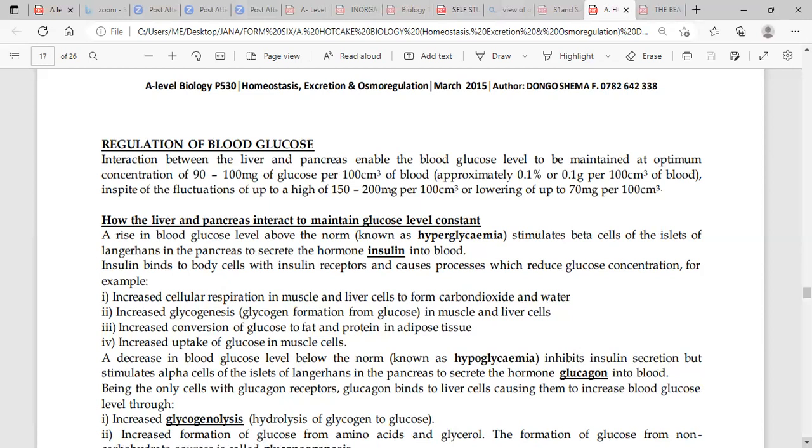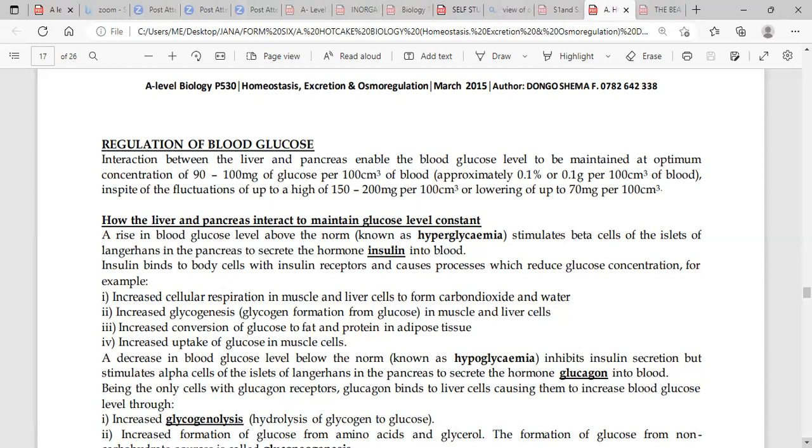So there is an increase in concentration of glucose above the norm. So a hormone that brings about reduction of the glucose concentration is being produced by the beta cells of the islets of Langerhans, and this hormone is insulin, and it does that role of reducing the glucose concentration by doing the following. That is, it increases cellular respiration in muscles and liver cells. That means more glucose is being broken down to generate ATP, forming carbon dioxide and water.